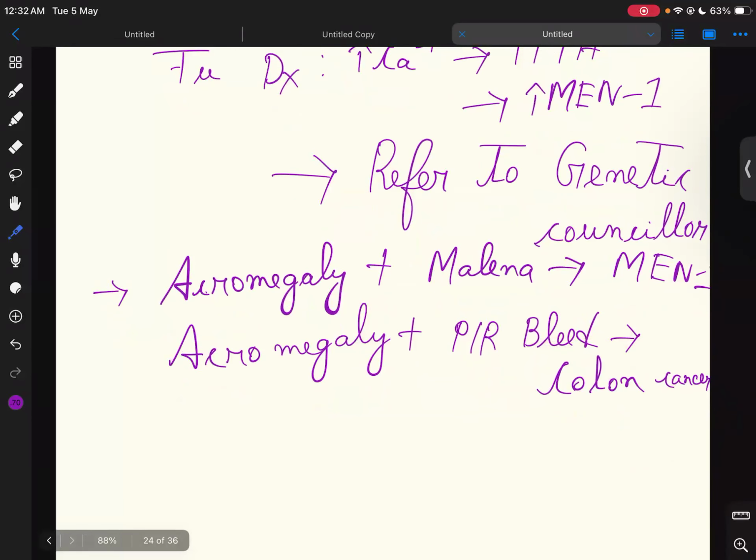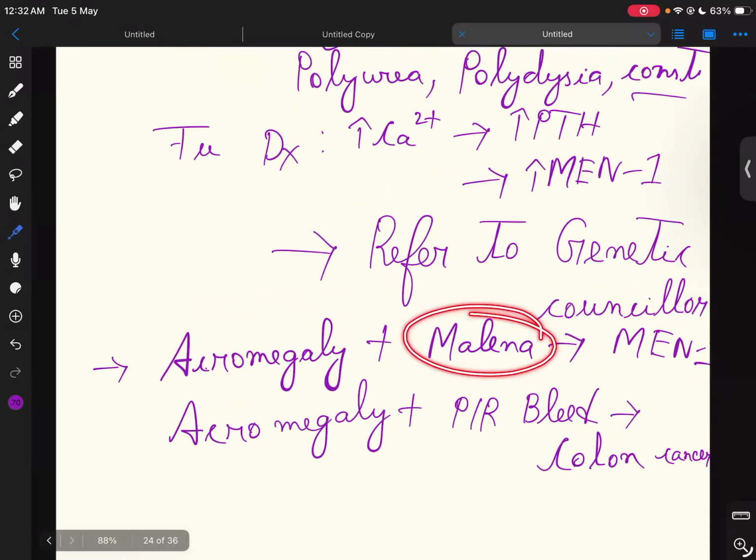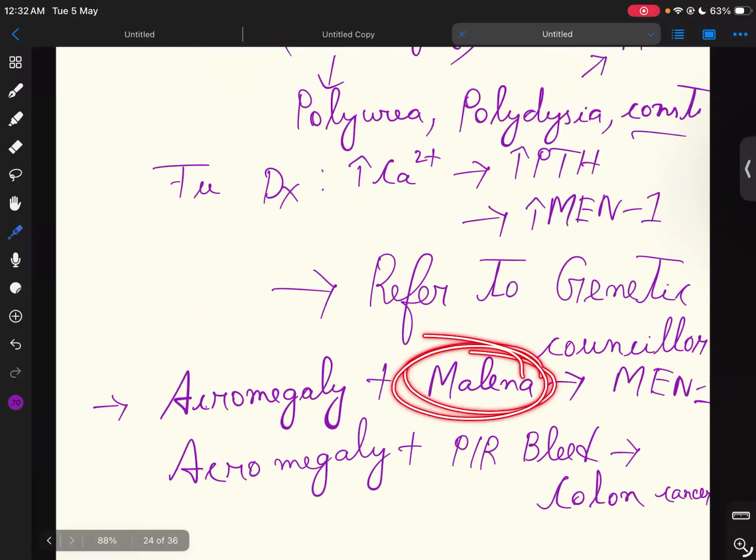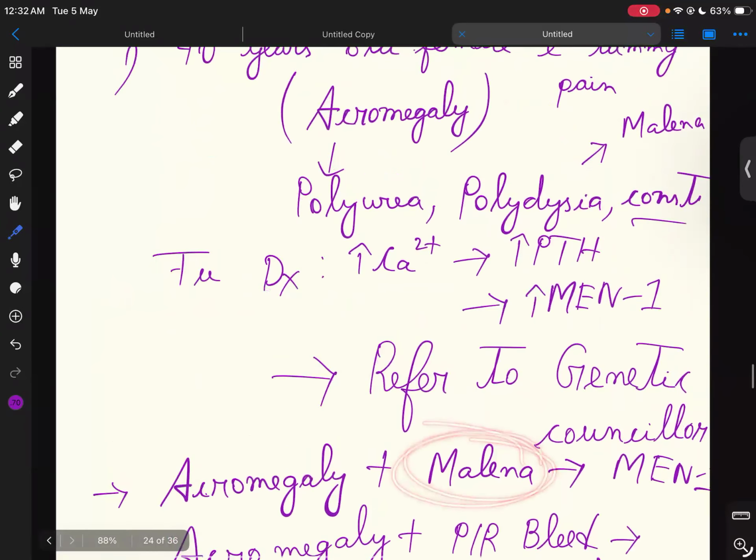Sounds clear to all, doctor? Which one, Dr. Shabab? Per rectal bleeding. Okay, if anyone is having acromegaly plus melena. Yes. Why melena? This melena is happening due to bleeding from the stomach.